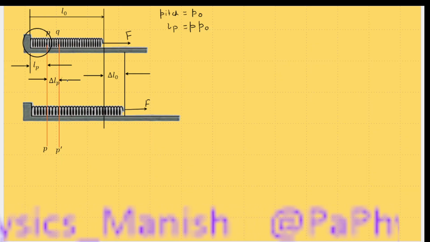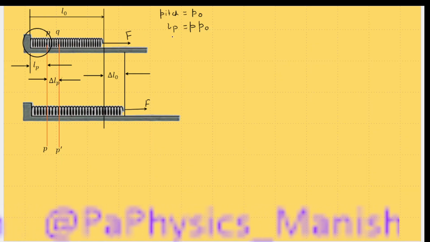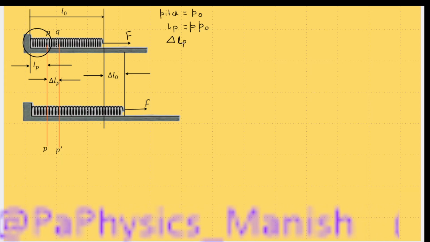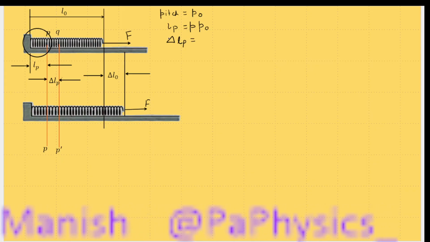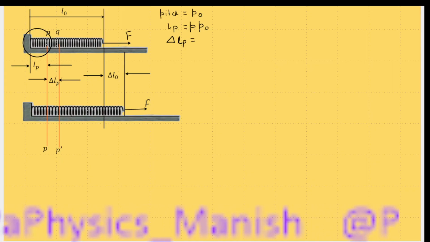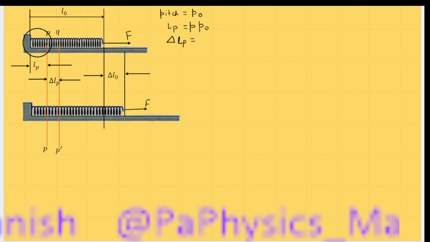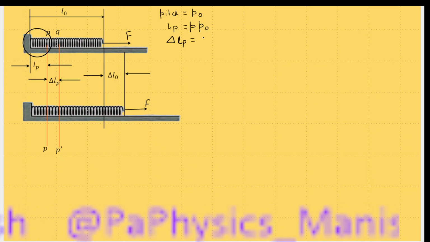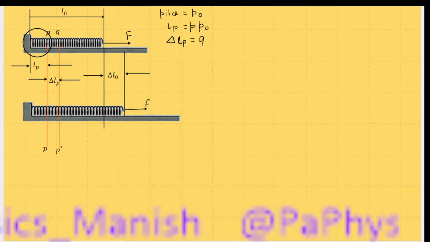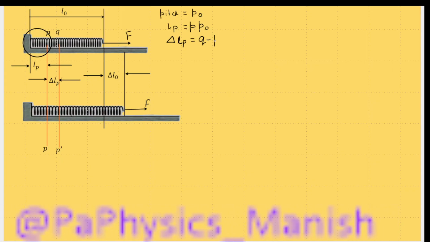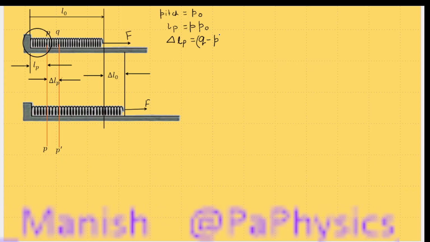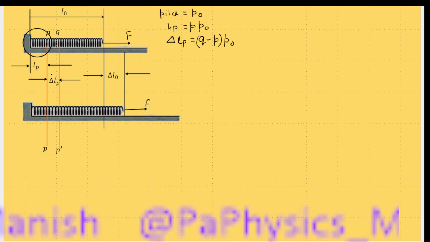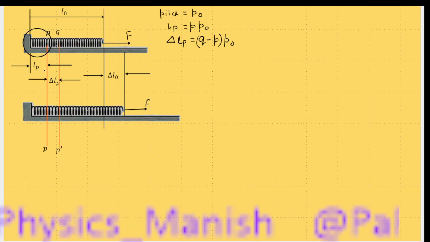What will be the change in length of LP after applying this force F? Delta LP will be Q turns minus P turns into pitch.